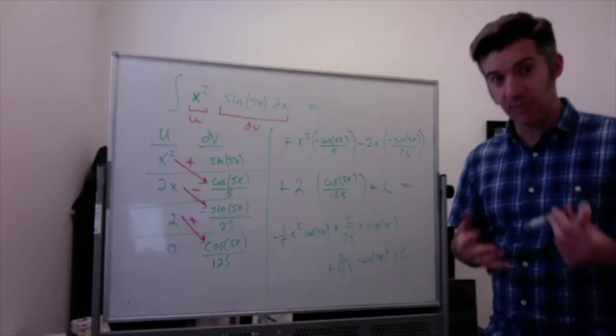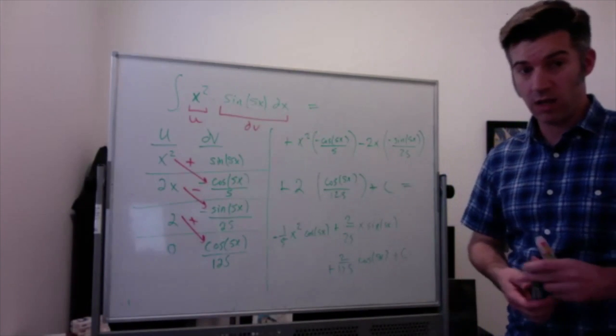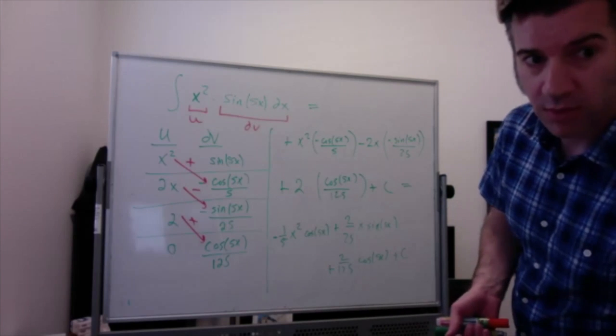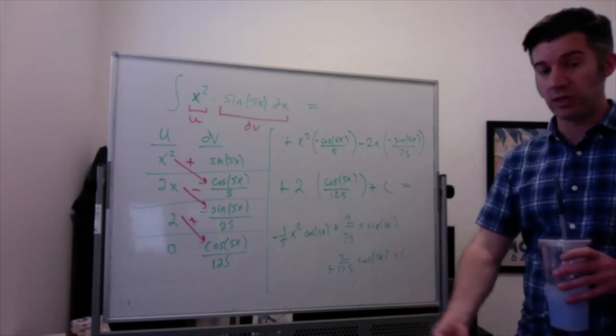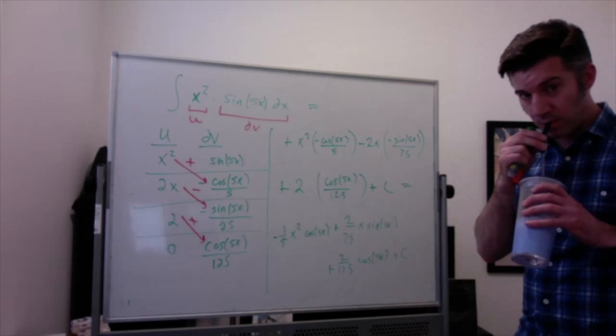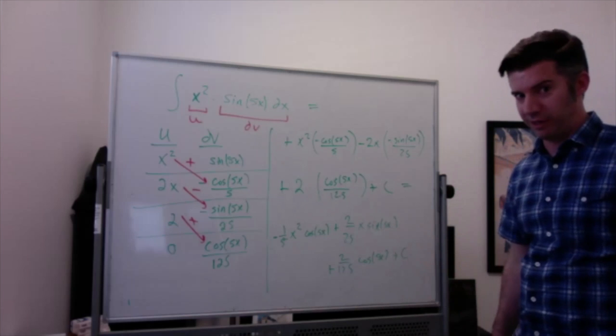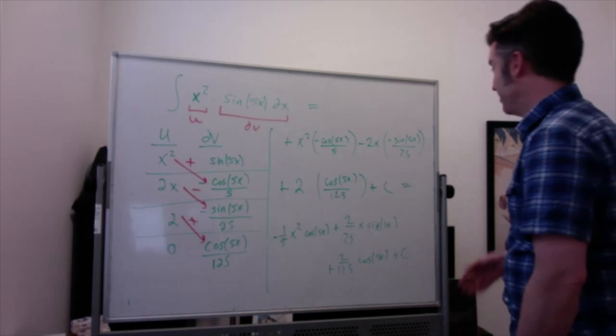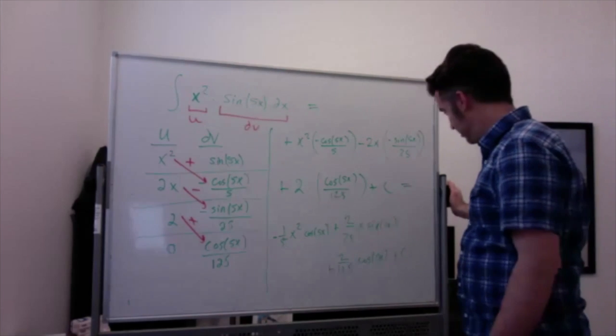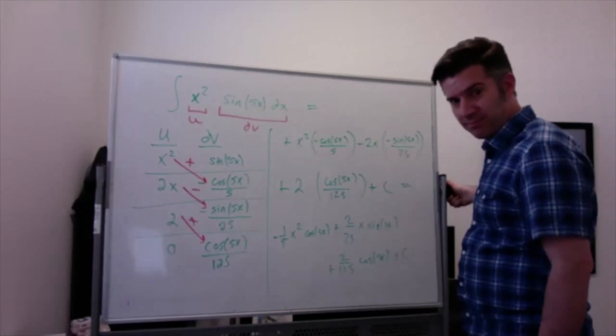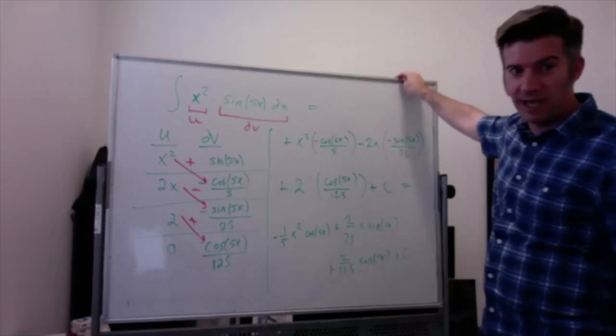Would you guys like me to show you how this goes the long way? Which is going to require 2 iterations of integration by parts. It's really okay if the answer is yes, but it's also really okay if the answer is no. All right, the non-responses have it, I guess.